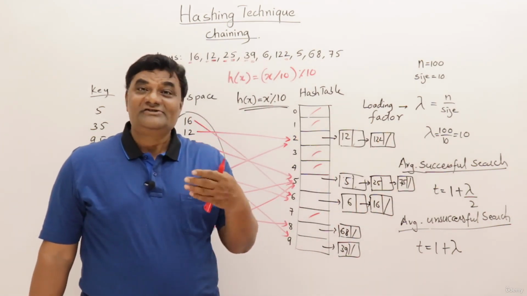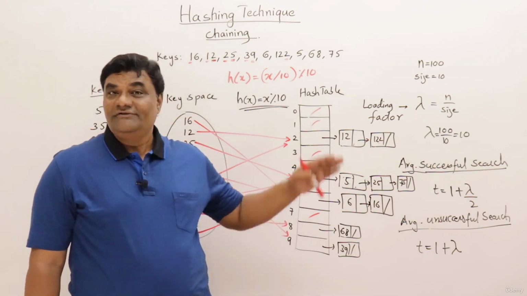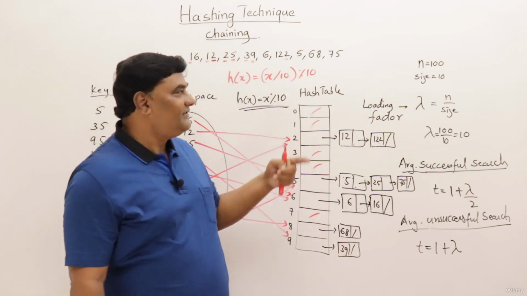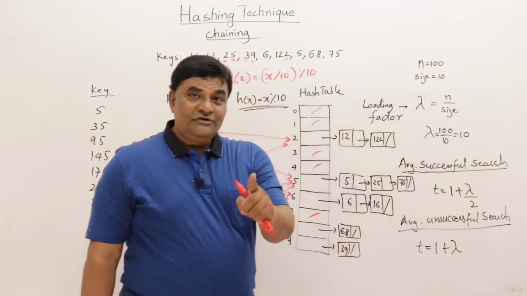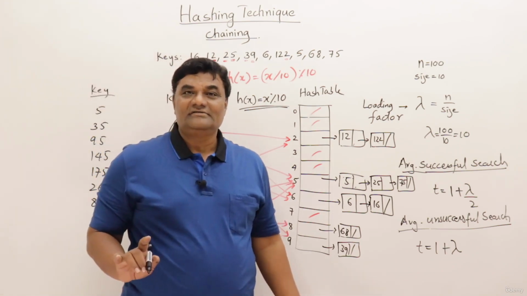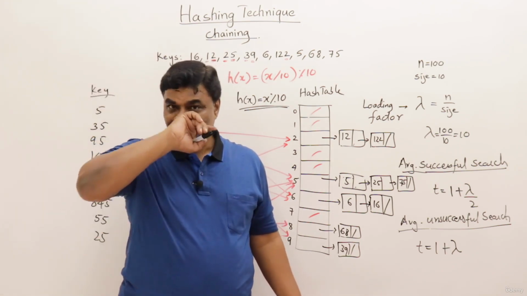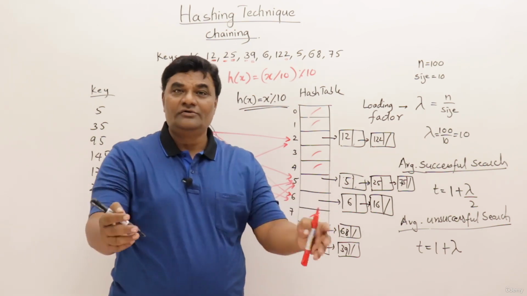So we assume that you have selected a proper hash function which is uniformly distributing the keys. That's why we do the analysis based on lambda. If you're not selecting a proper hash function, you don't know hashing. Don't blame the hashing technique. You don't know how to use hashing.